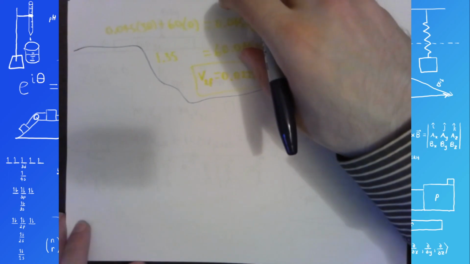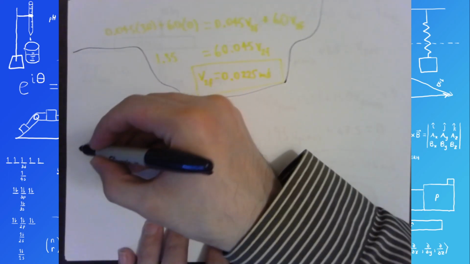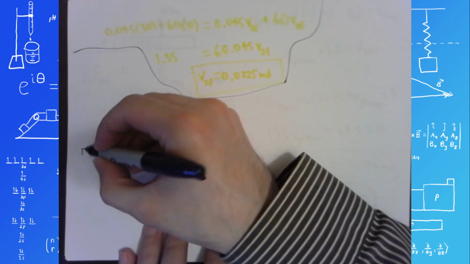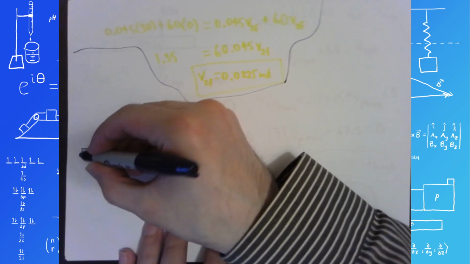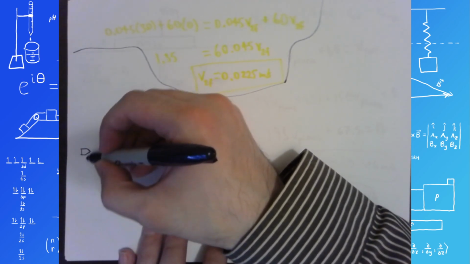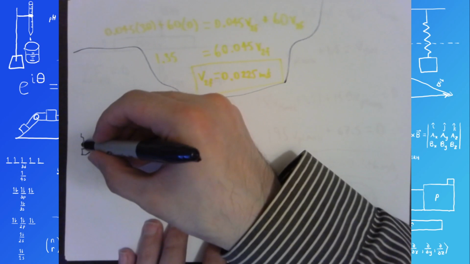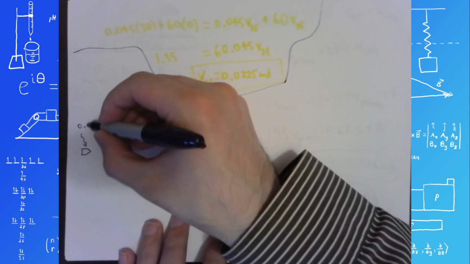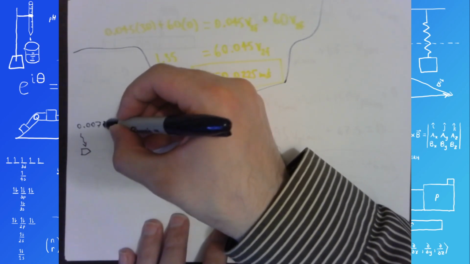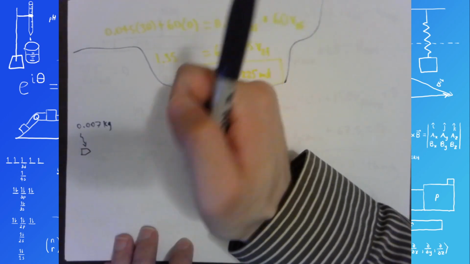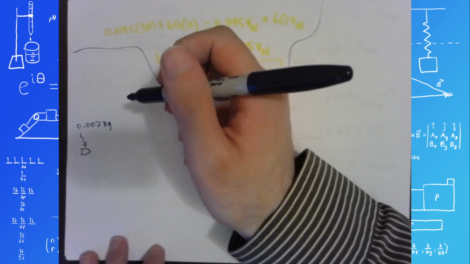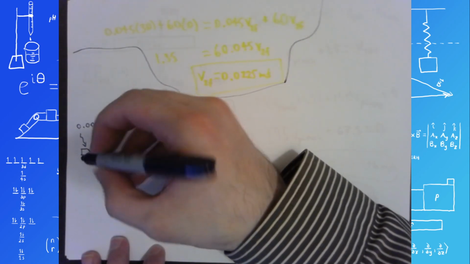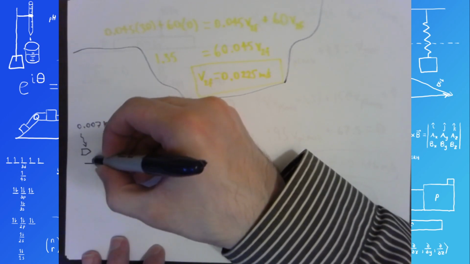So I guess I'll draw it over here. So this thing is 7 grams, or 0.007 in kilograms. And it has some unknown initial speed.